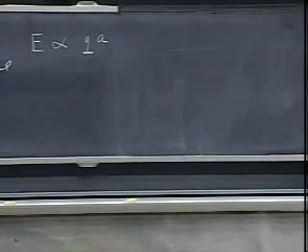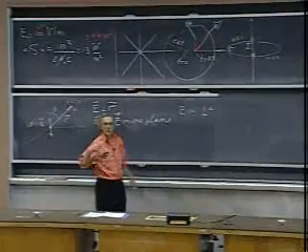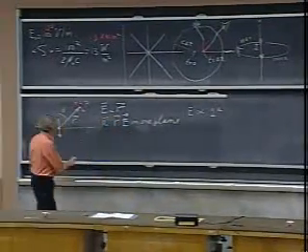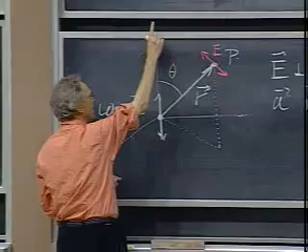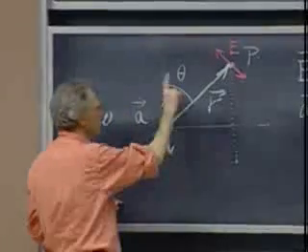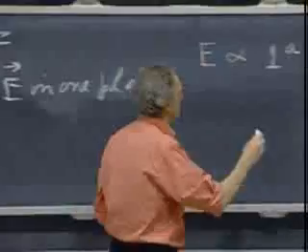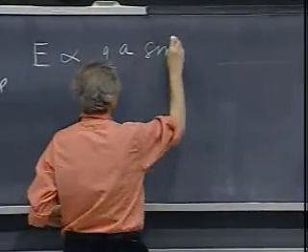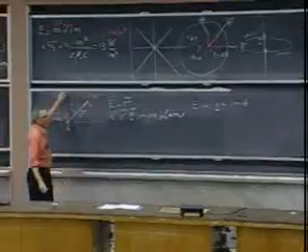And then comes the effect that we discussed, that nothing goes out in the direction of the acceleration. No energy goes out in this direction, so no electric field is produced in this direction, and the maximum is produced in this direction, and somewhere in between here, and that is reflected by the sine of theta. If theta is 0, nothing goes out.